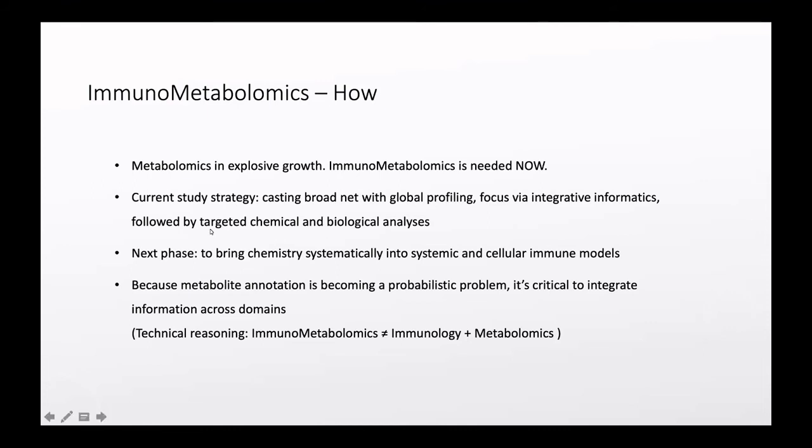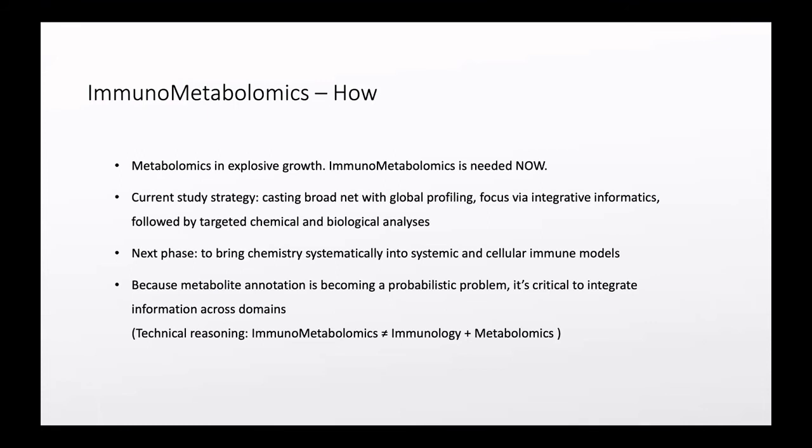For the next phase of immunometabolomics, we have to do much better. One major goal is to bring chemistry into systematic models for both systemic and cellular immunity. The last point is very technical. We need robust metabolite annotation and identification. Quite often it requires good isolation of signal for fragmentation and good reference chemicals.